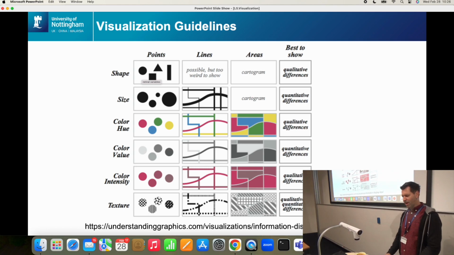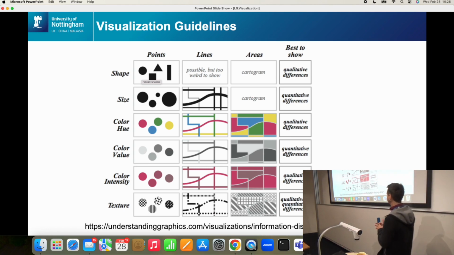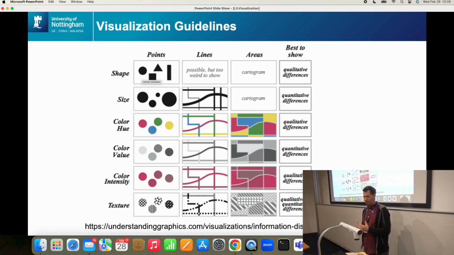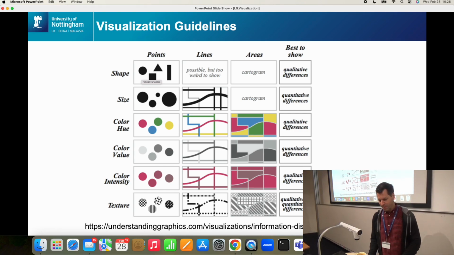And there are lots of guidelines. There are lots of resources, visualization resources and guidelines. This is just one of them. And it shows cases of what combinations are good together, like shape and points or position is good when you want to show qualitative differences. Size and points are a good combination when you want to show quantitative differences.